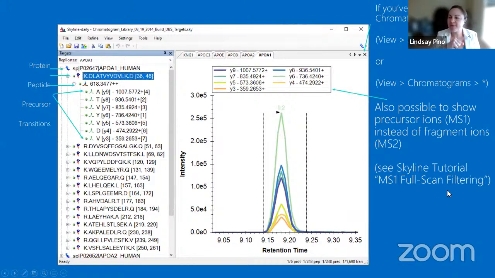There was a question from before about analyzing DDA data in Skyline. There is a Skyline tutorial for doing MS1 full scan filtering. Maybe I wouldn't super highly recommend MS1 full scan filtering for your quantitative proteomics needs, but if you happen to have data that's DDA and you want to pull it into Skyline, you can look at it that way.